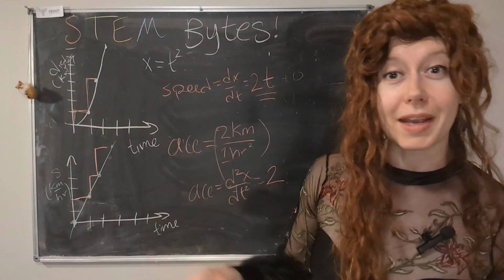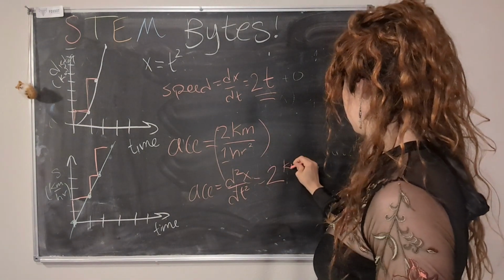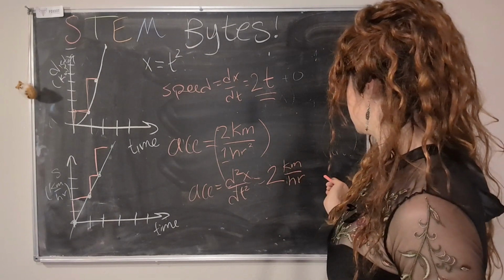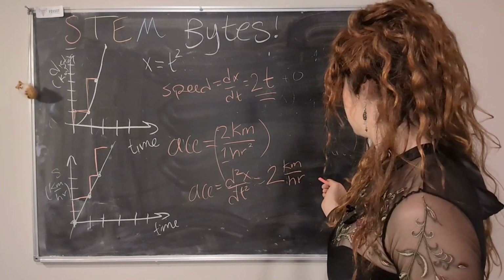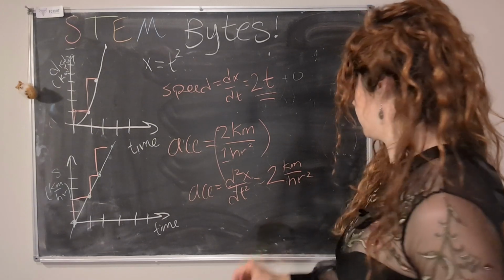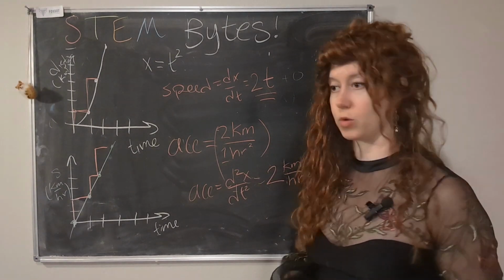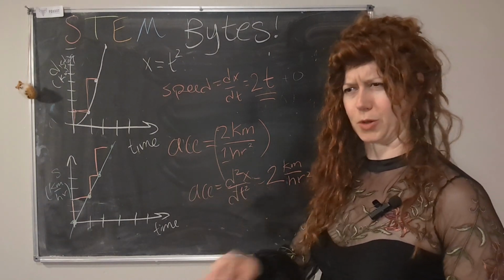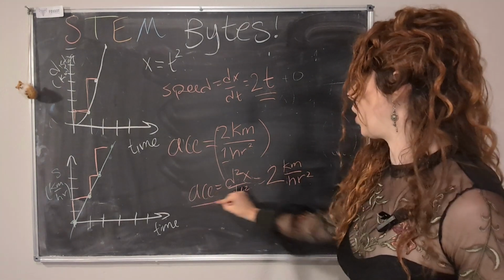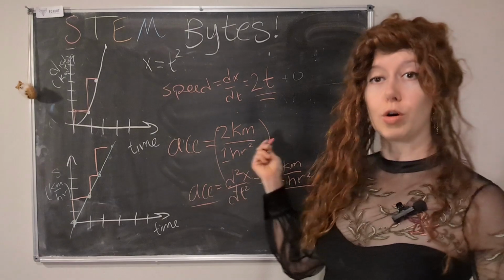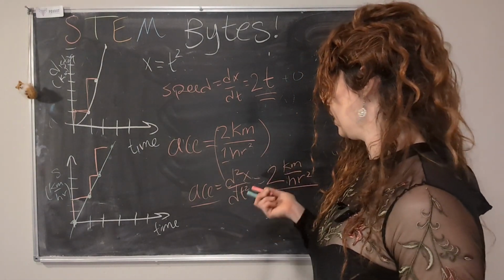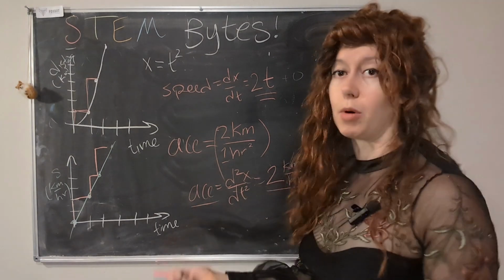And since we're doing real units, it will be 2 kilometers per hour squared. Hours squared always looks funny to me because I'm so used to meters per second squared. Anyway, so our acceleration is 2 kilometers per hour squared, which means that for every hour, we are increasing our speed by 2 kilometers per hour.